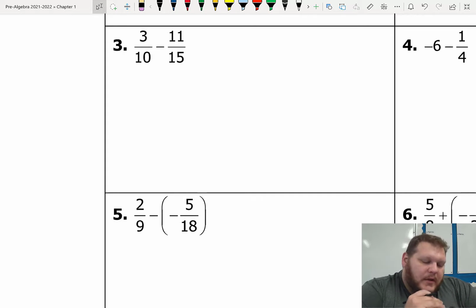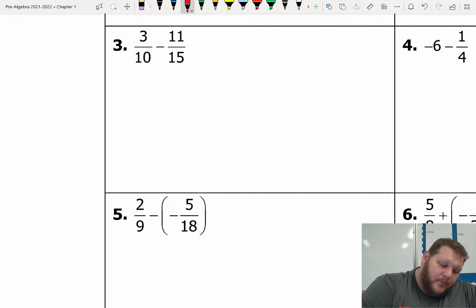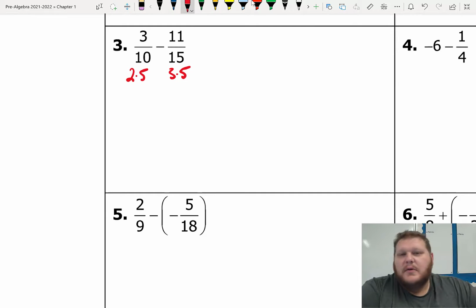One of the ways that you can do this, if it doesn't just pop into your brain, is to factor out, find what my prime factorization is. So you could look at what numbers multiply to get 10 and 15. In this case, 10 is 2 times 5, 15 is 3 times 5.